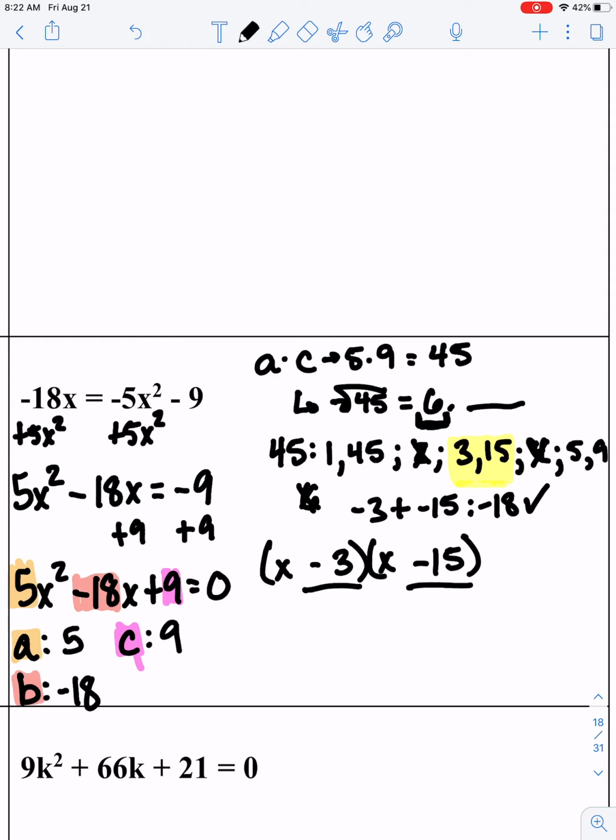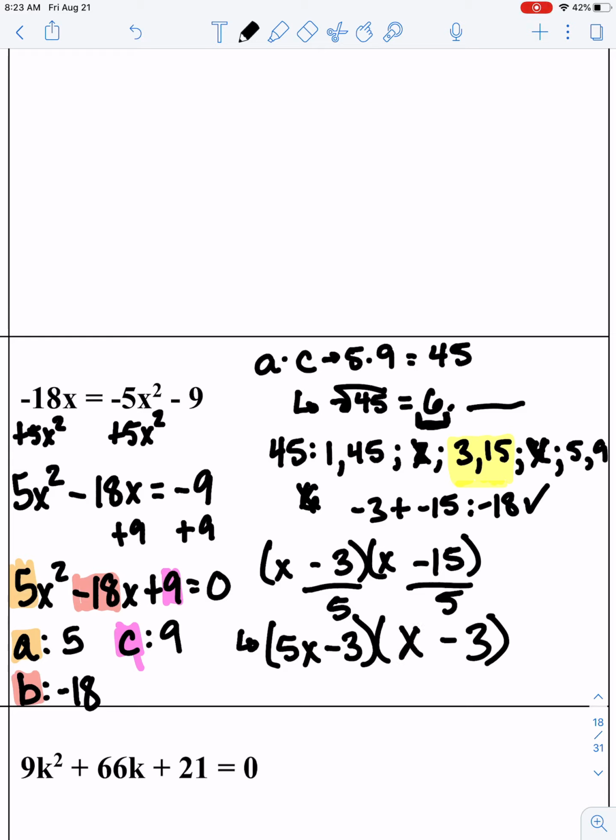My original a value was 5, so I'll divide both of those by 5. x minus 3 over 5 is not a pretty number, so I'm going to skip a step from the expression. Because it's not pretty, I'm going to go ahead and bring it up. So 5x minus 3. And then 15 divided by 5 is 3, but this negative keeps it a negative 3. And x goes in the front.